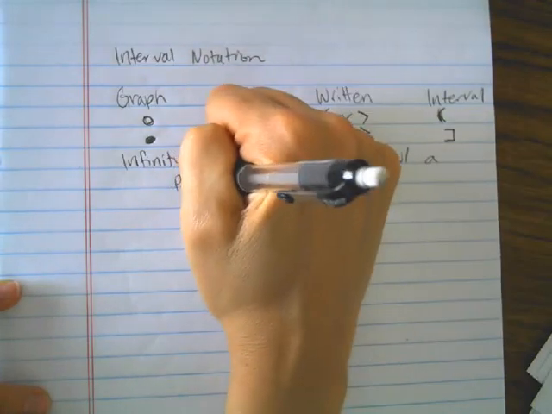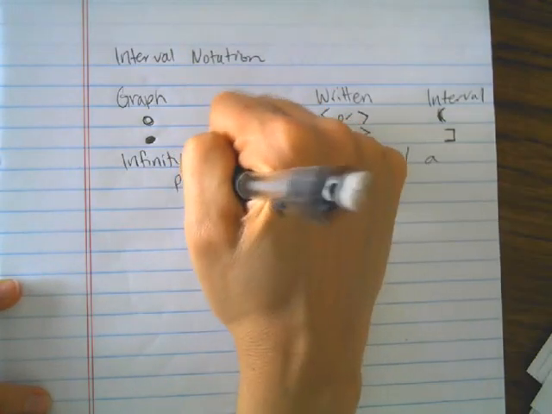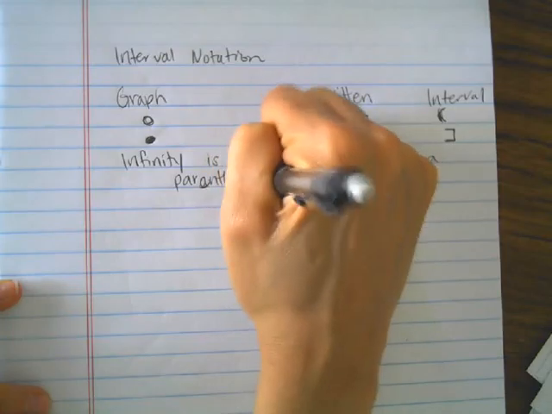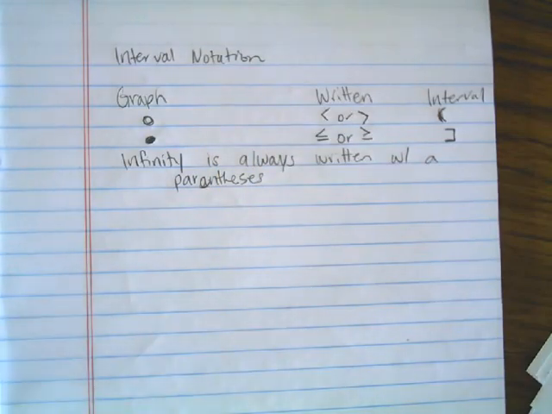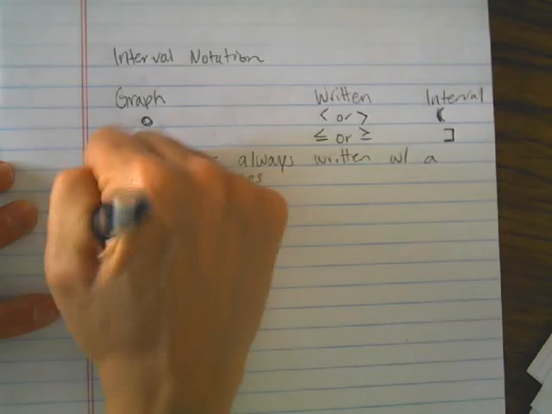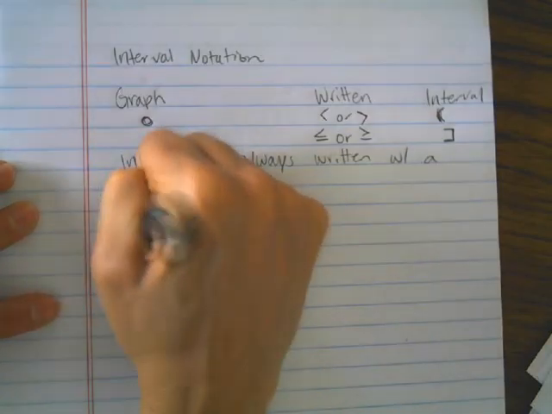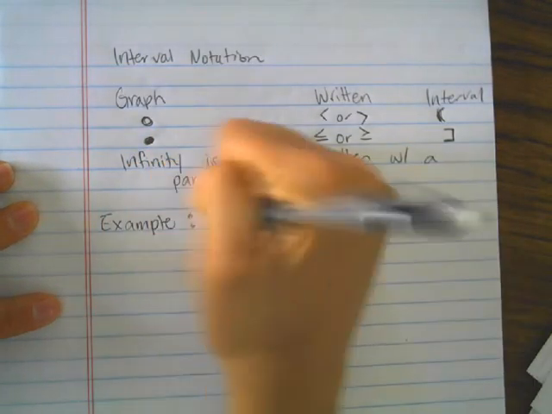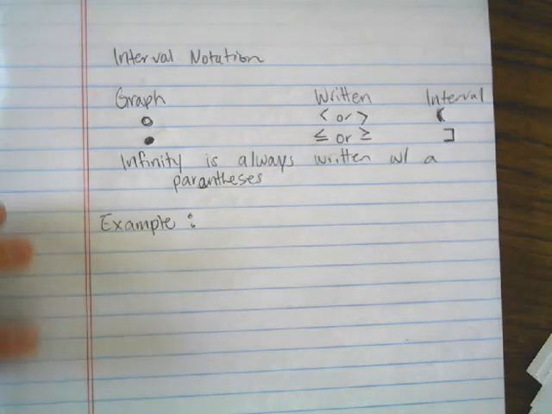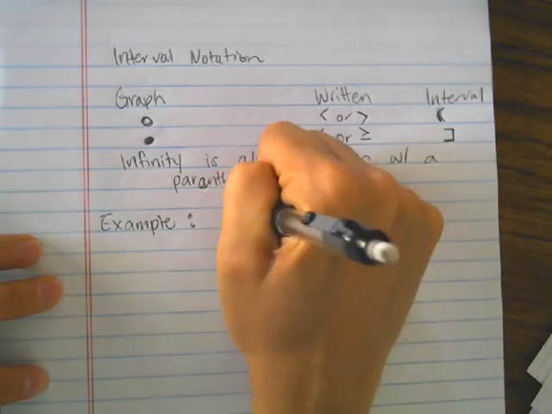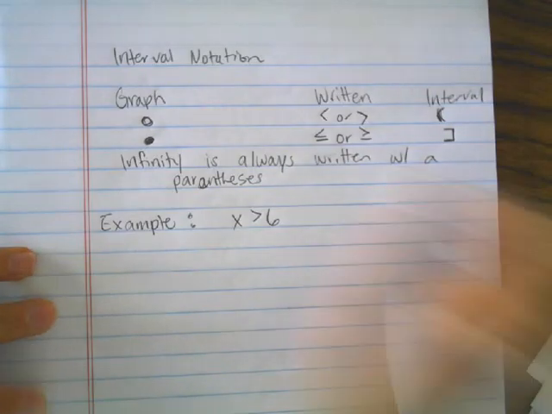So, right now, the example that I'm going to give you, well, we'll do a few. If I have x is greater than 6, how would I graph it?